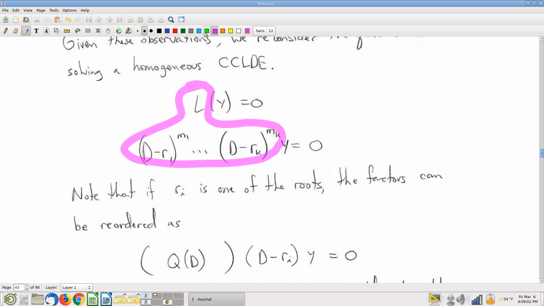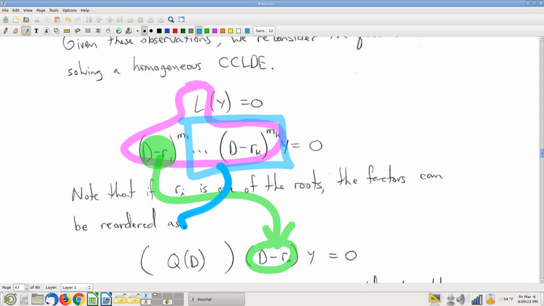So, whichever factor I might be interested in, let's say maybe this factor here of d minus r1, let me just move that over there. Whatever, it doesn't matter. Pick any factor you like. You can move these factors around. They commute, after all. Whatever else is left over, all the rest of this junk is some great big polynomial of d. I don't really care what it is. Let's just call it q, and get it out of the way over on the left.